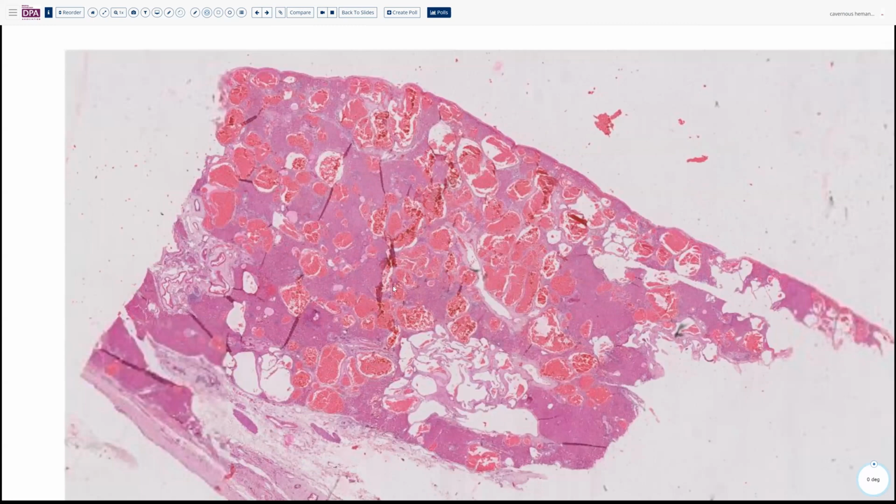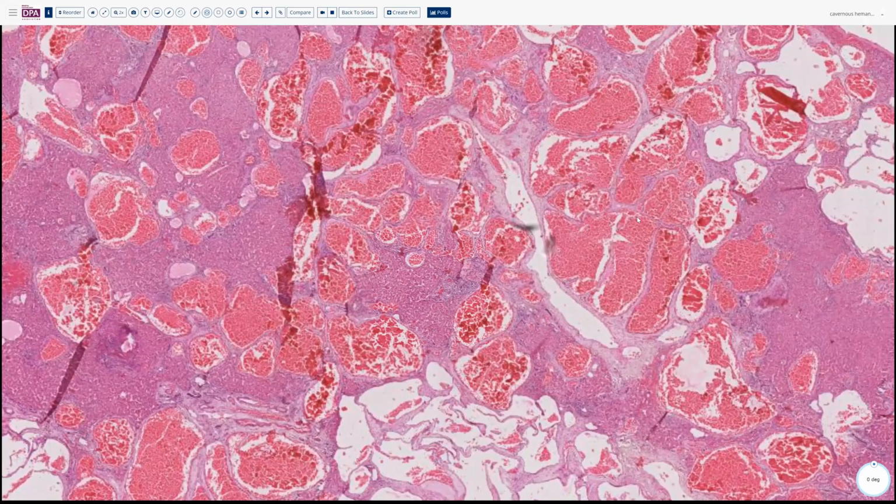As you can see, intervening hepatic tissue, and all of this congeries of thin-walled, dilated, very cavernous appearing vessels. Now, cavernous hemangioma should not have capillaries. These venous malformations should not have capillaries associated with them, as opposed to a cavernous hemangioma.